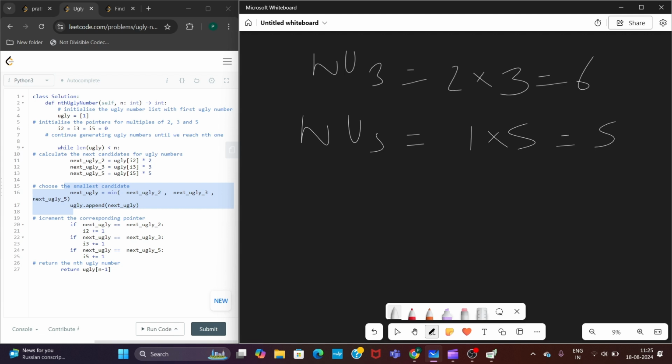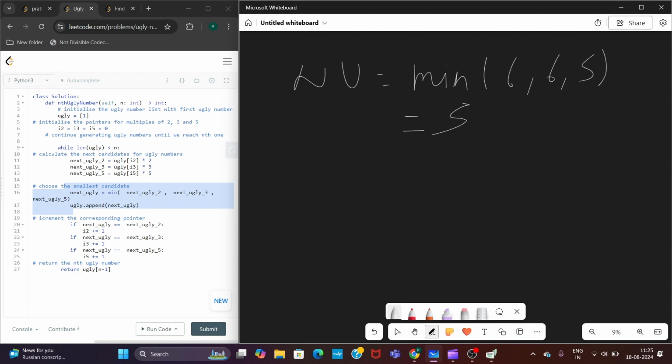So basically my next ugly will be the minimum of 6, 6 and 5, which is 5 over here. So my list will contain 1, 2, 3, 4 and 5. And my I5 will be incremented by 1.